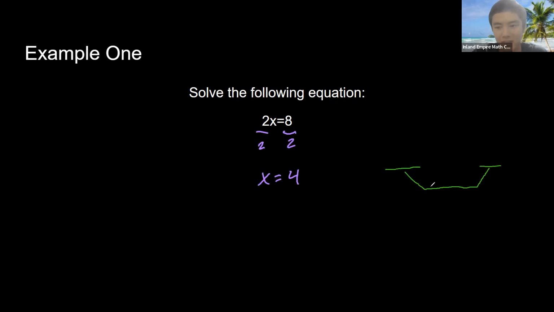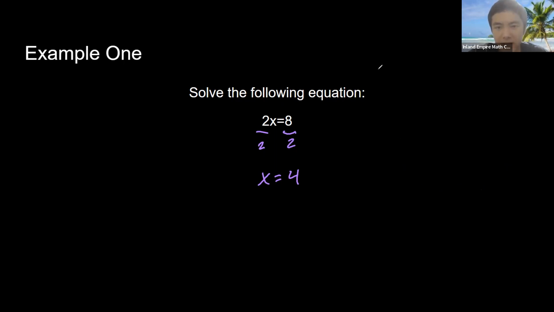The idea is that if you do the same thing to each side, you always have both sides equal to each other, which is why we have to divide both sides by 2.